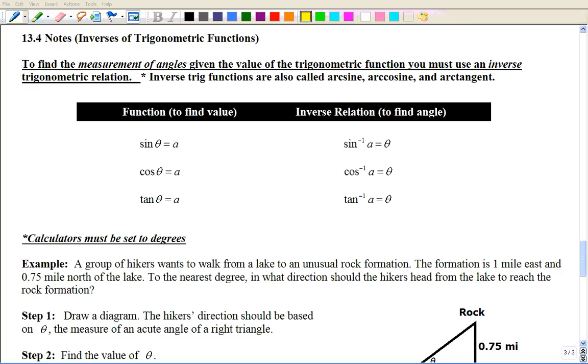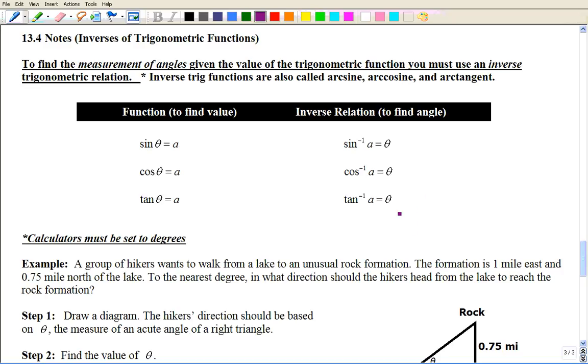If you don't know what theta is, you could set it up in your equation equal to whatever you found. If you want to solve for theta, then we would have sine to the -1 of a equals theta. In other words, this says the angle whose sine is equal to a will be theta. Same thing with cosine and tangent.